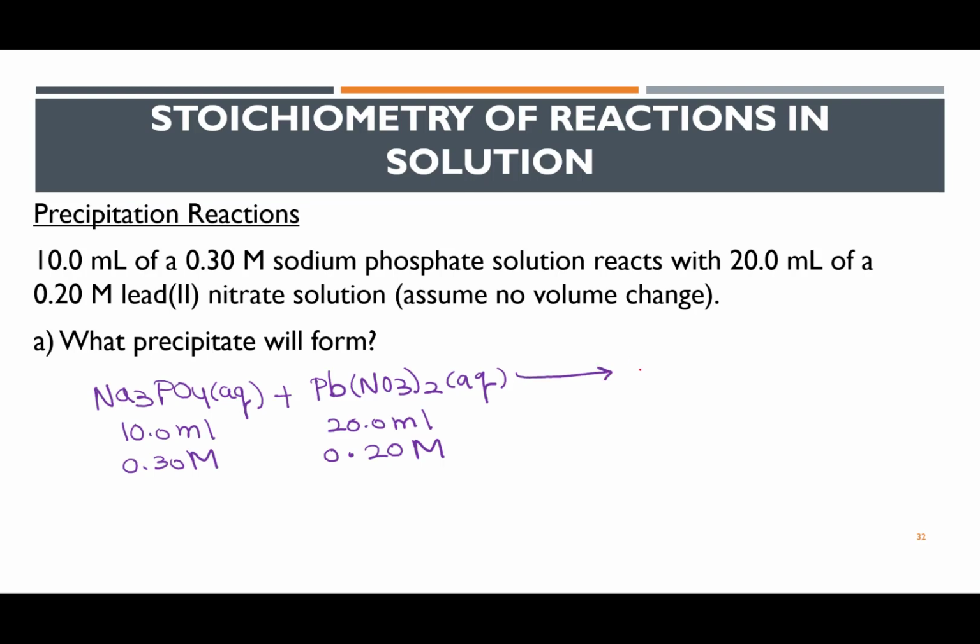Then we will produce sodium nitrate, which is an aqueous product, plus lead(II) phosphate. If you look at your solubility handout, lead(II) phosphate is a salt, so this is your precipitate.